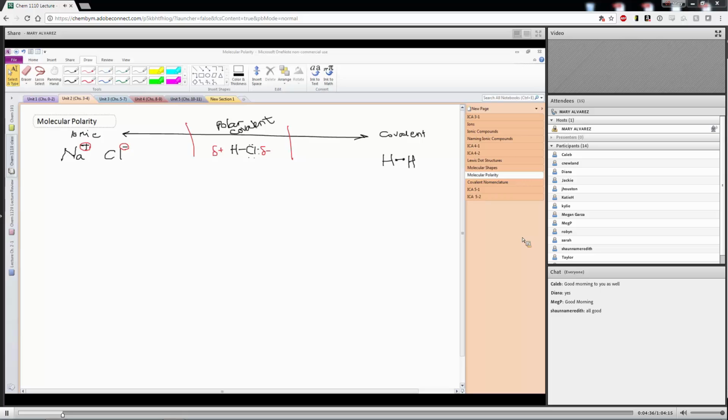What we're going to do is look at something called a table of electronegativity values. Electronegativity is a measure of how much of a bully, how much of an electron hog these atoms are.